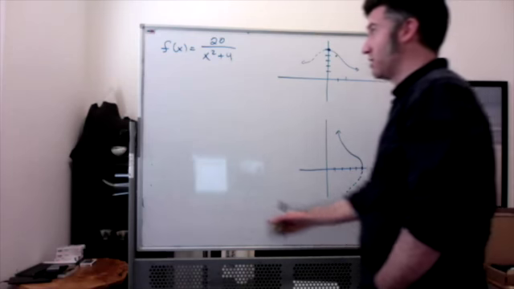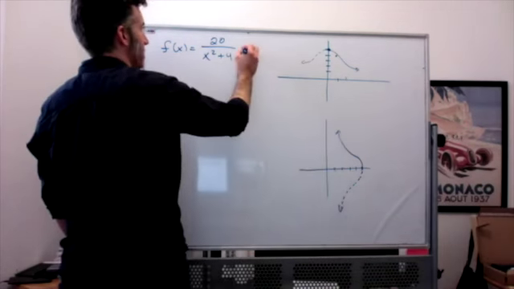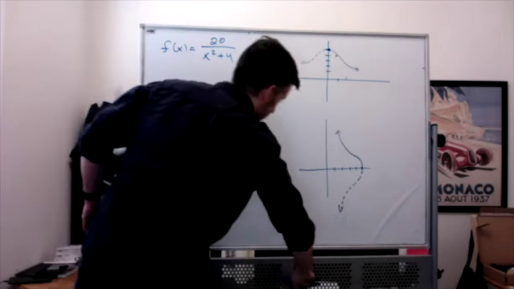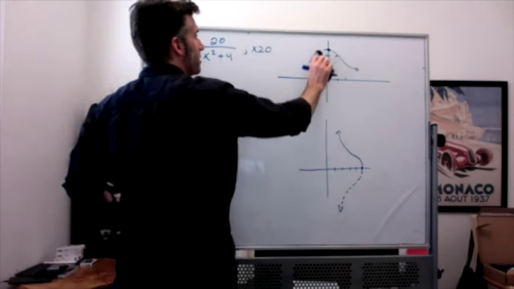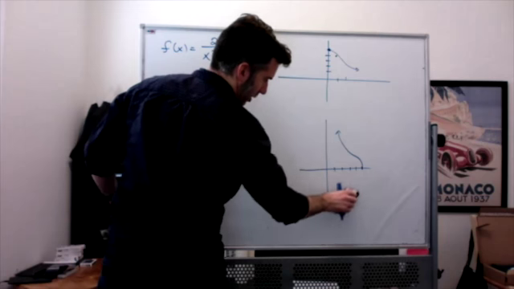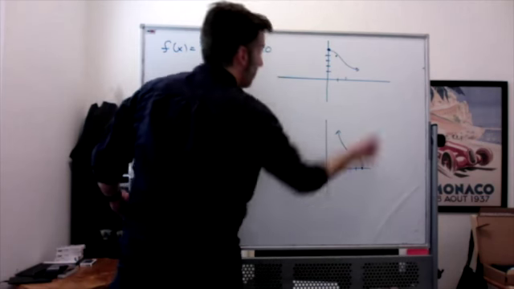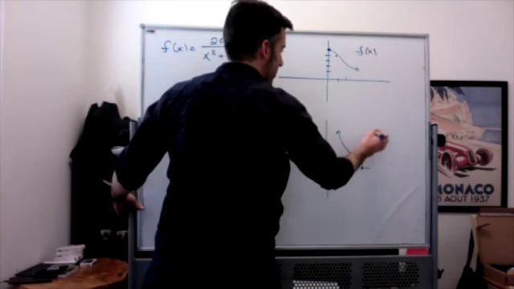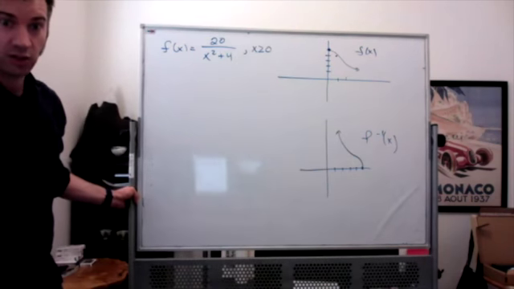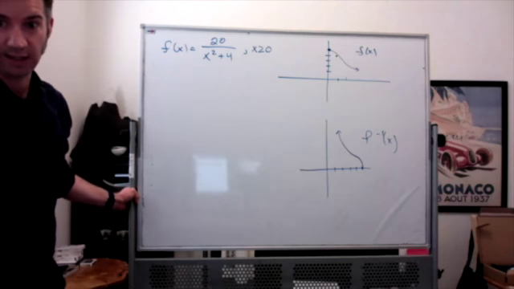So what we're going to say is this is our function with the restricted domain of x being greater than or equal to 0, so that we don't get any of this problem part here, so that our inverse function, whatever it is, is a function. It passes the vertical line test.